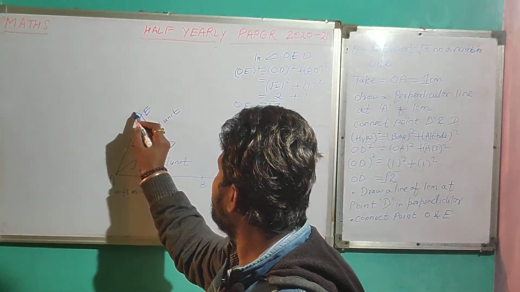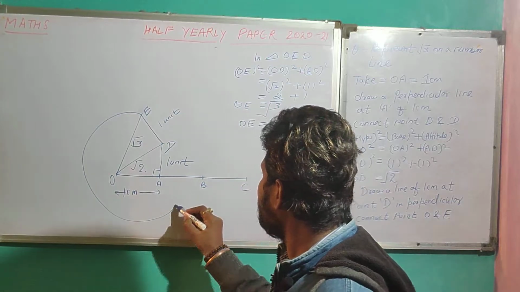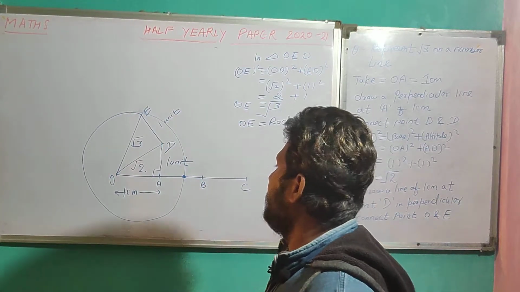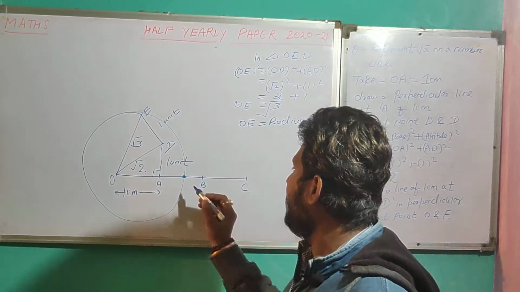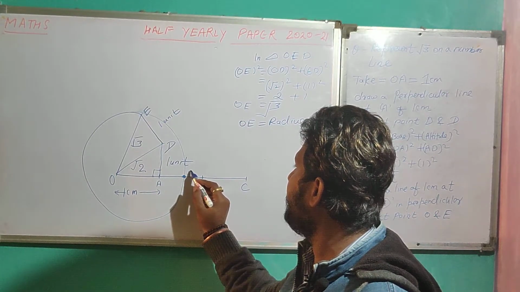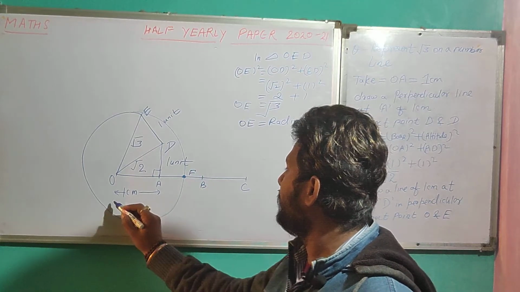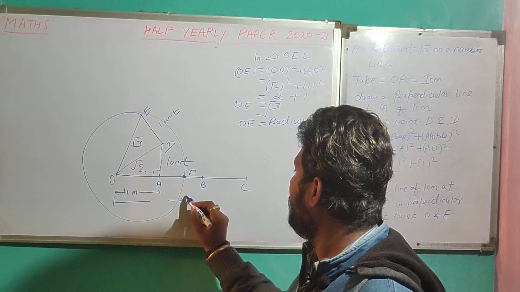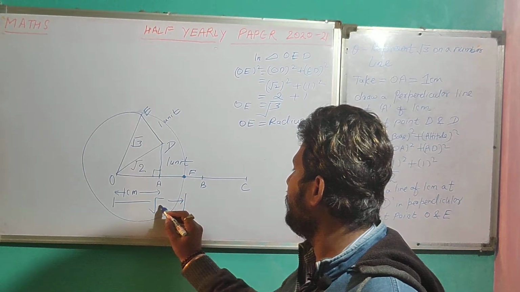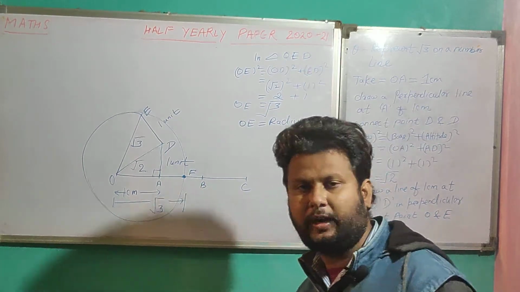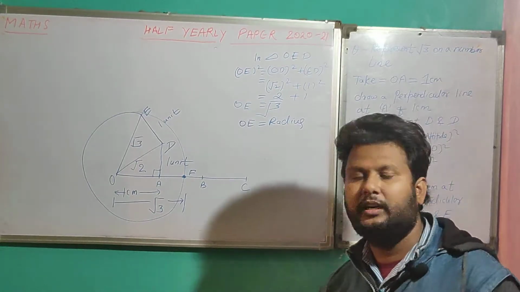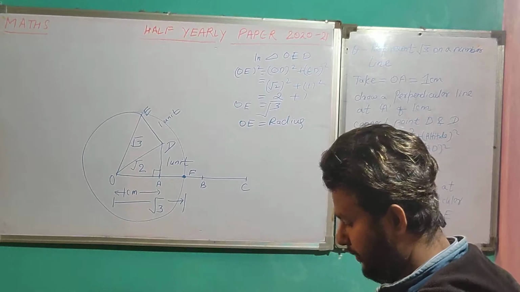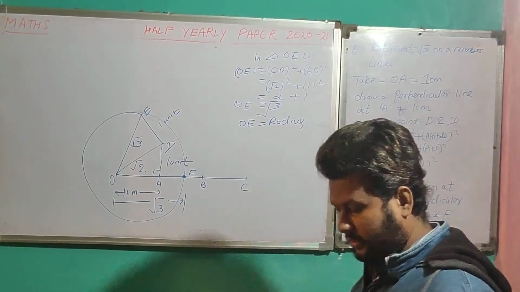Suppose the circle cuts the horizontal line or number line at this point, F. So the distance from O to F will be equal to root 3. Like this we will represent root 3 on the number line. Now next question.